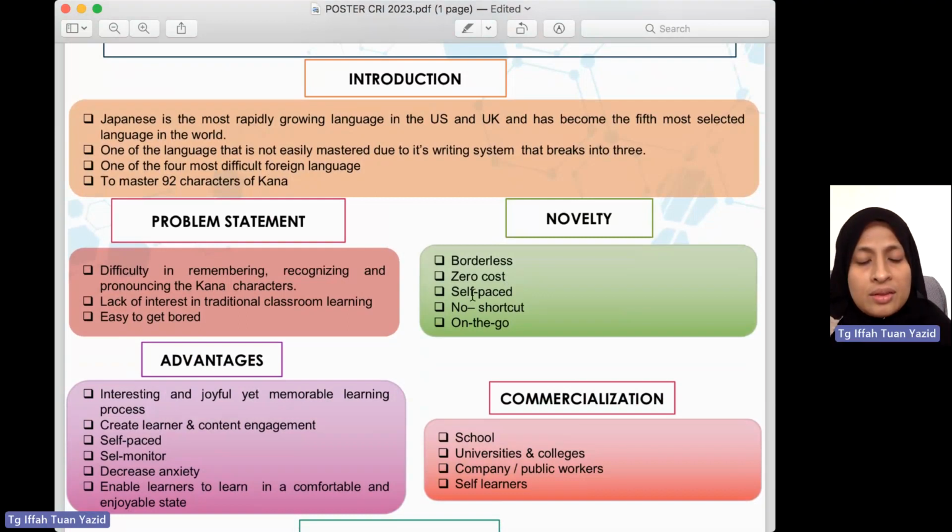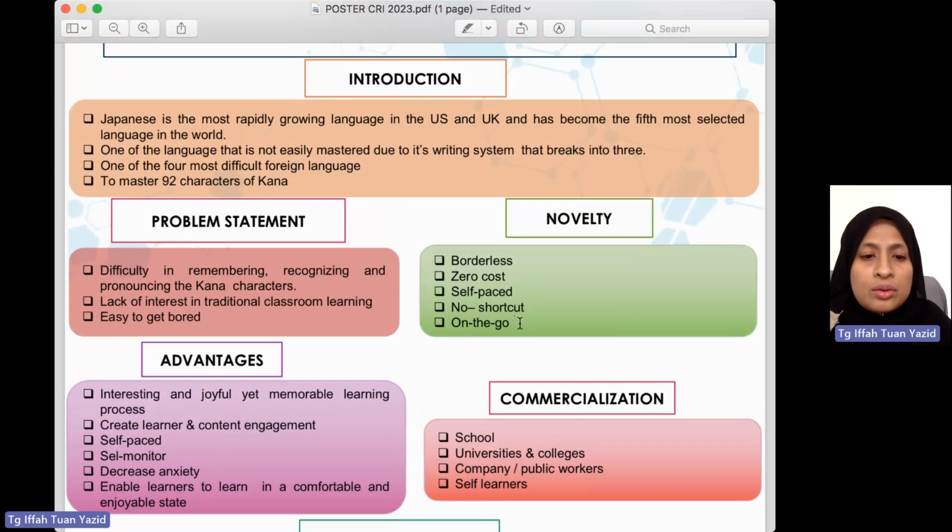It is also self-paced, and for this course there is no shortcut, unlike other apps where the learner can just skip to the end.